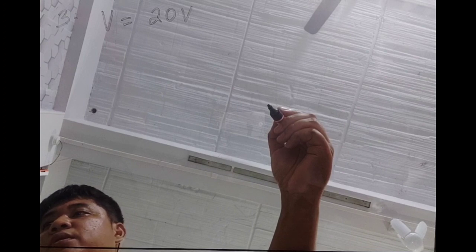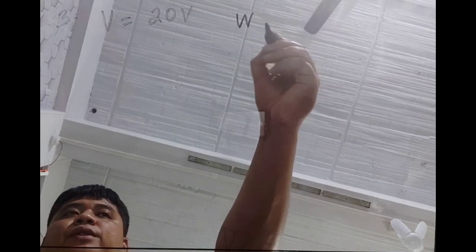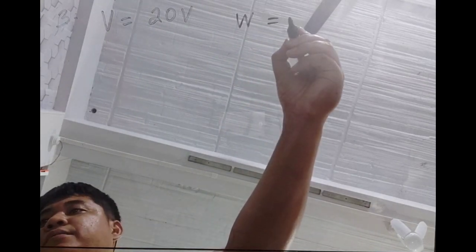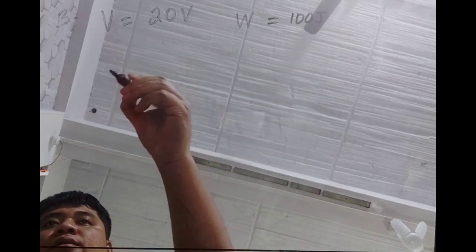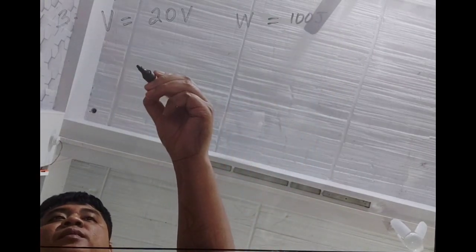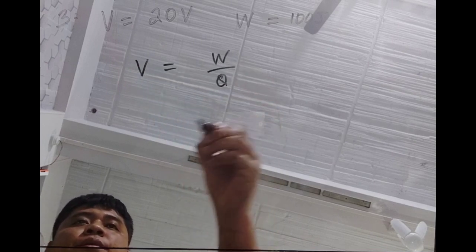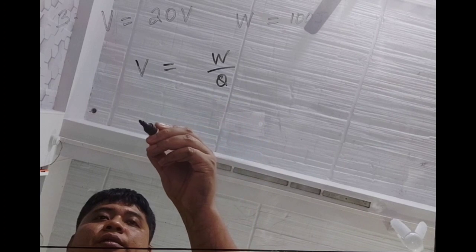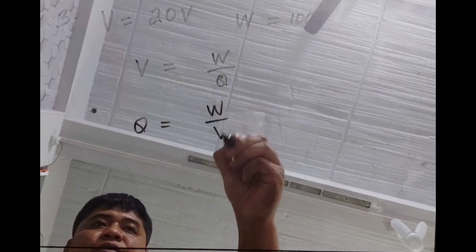Then we have the formula V equals W by Q. We are going to calculate Q, that is W by V.